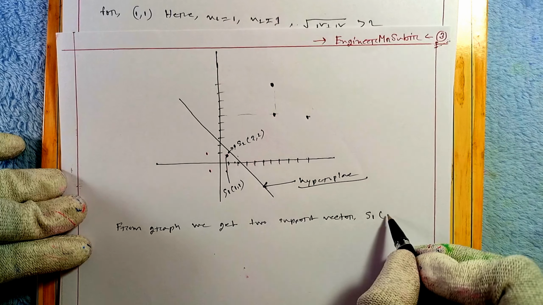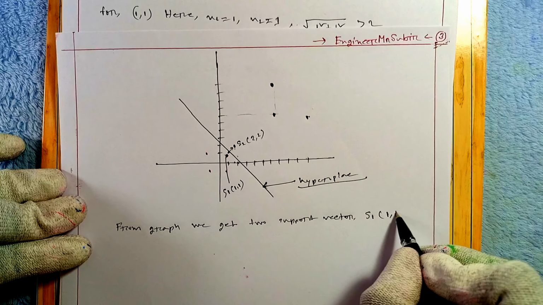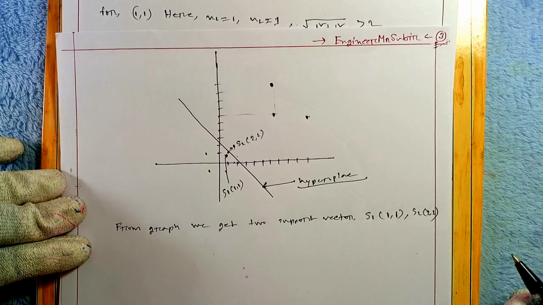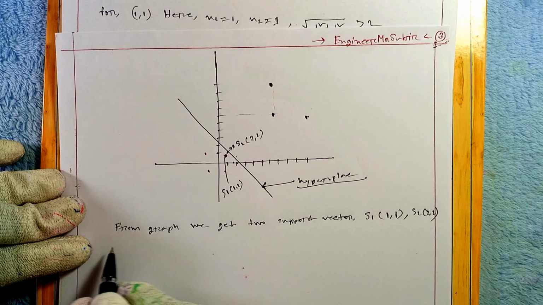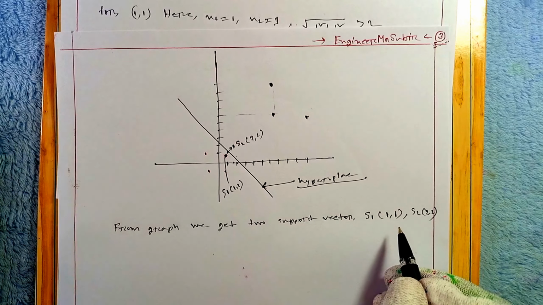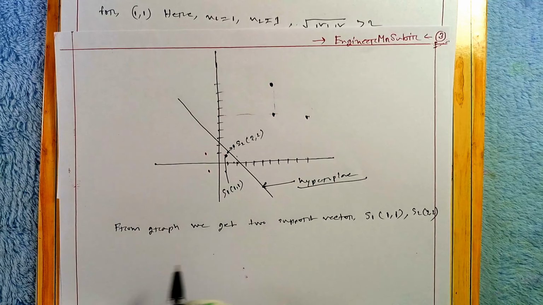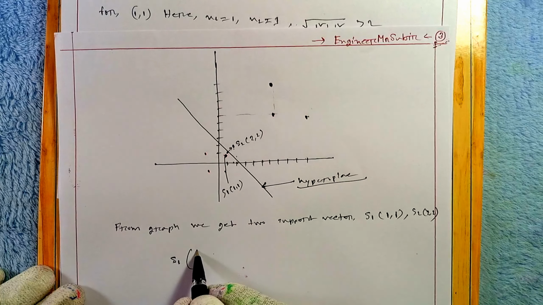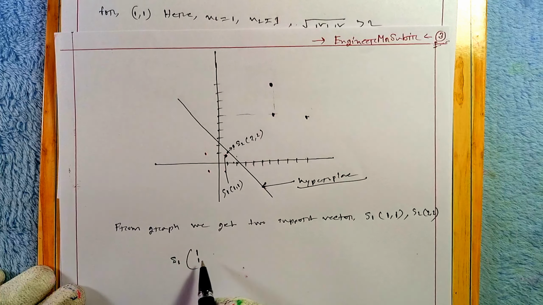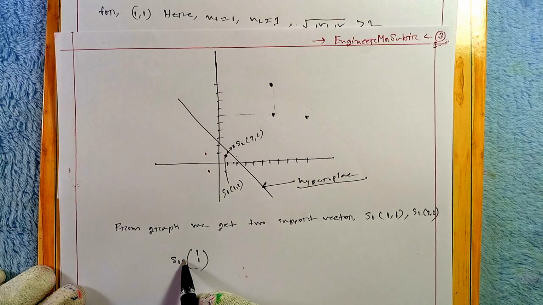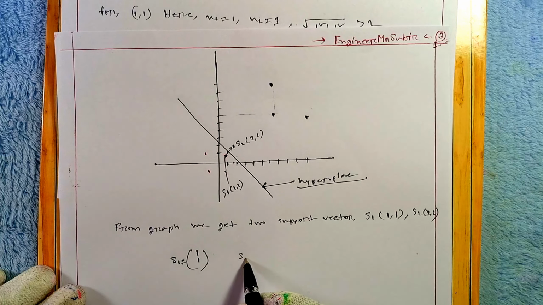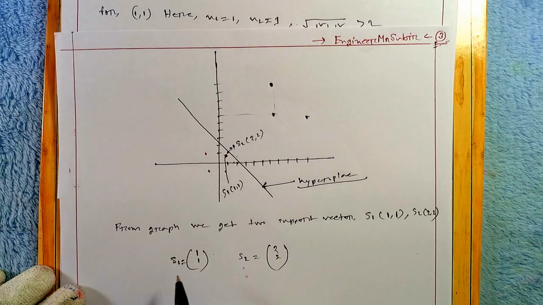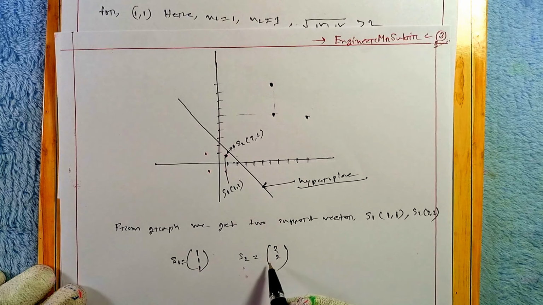One is S1, value is 1 1, and S2 value is 2 and 2. Okay, so we have to add the bias with these values. So S1 is 1 1 and S2 is 2 and 2. We have to add a bias, so we add 1 as the bias.